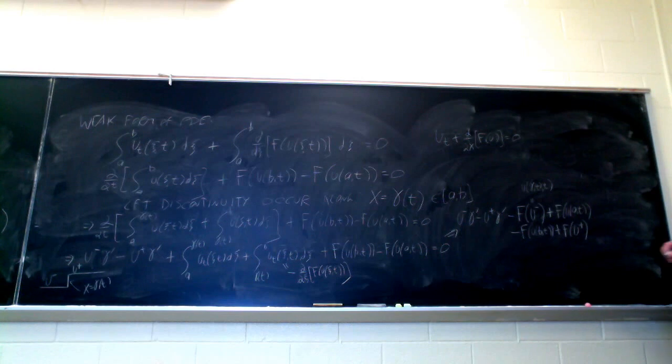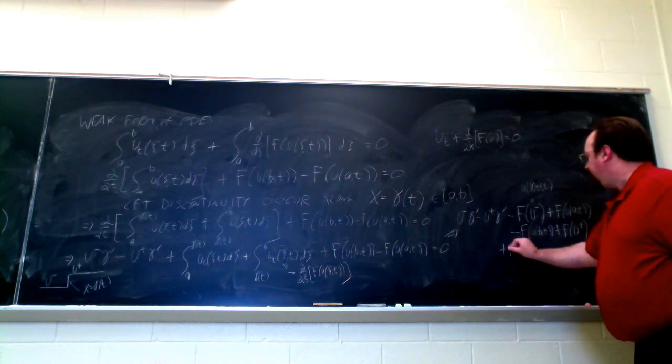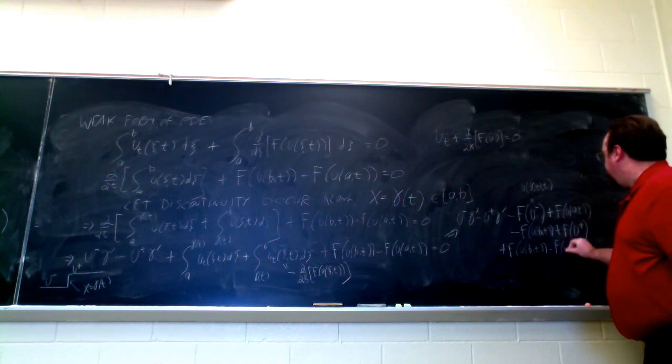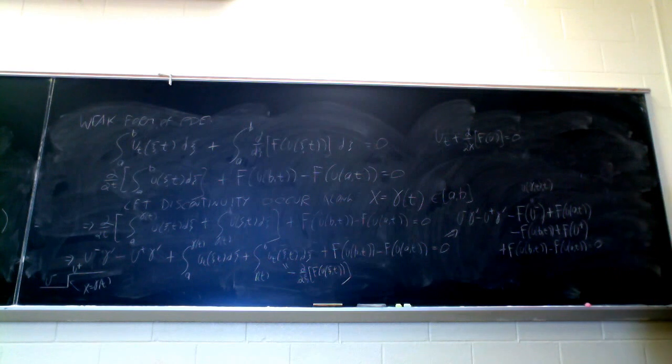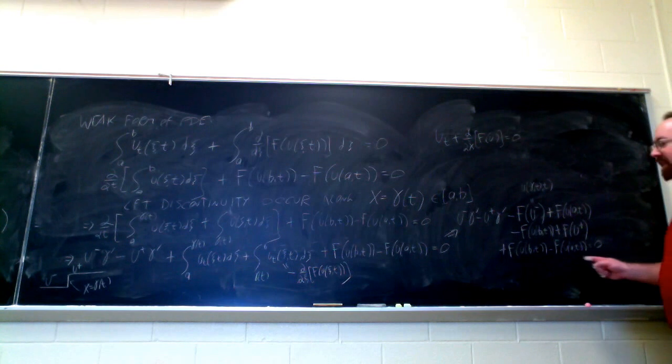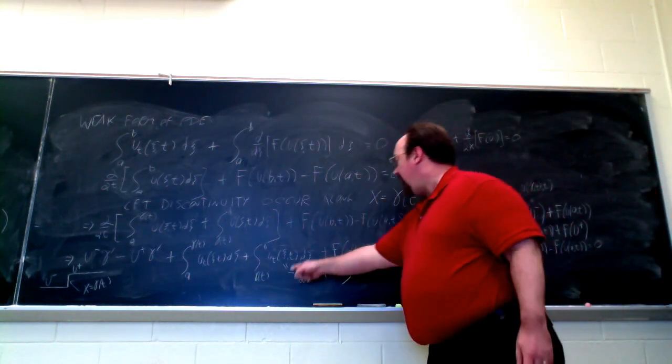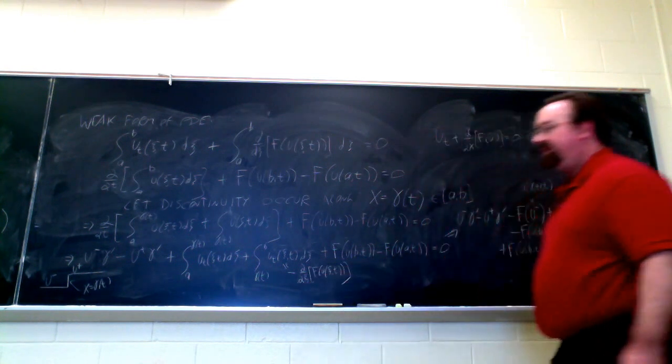And then I still have the other terms, plus f of u of b,t minus big F of u of a,t is 0. So all I did to get these four terms is evaluate these two integrals by changing du dt to minus d/dx.